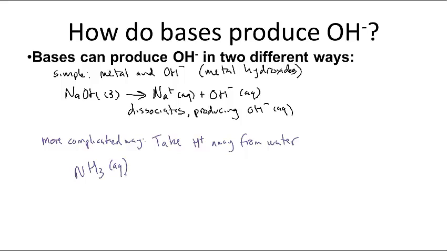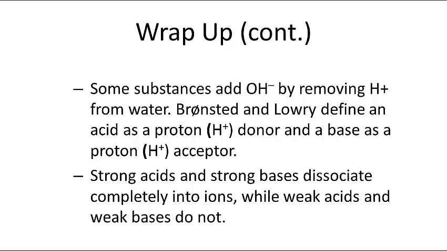NH3 is one of them, plus water. What happens is that NH3 will actually take a proton from water, producing OH minus. So that's another way that you can increase the OH concentration, by having a base take an H plus away from water.